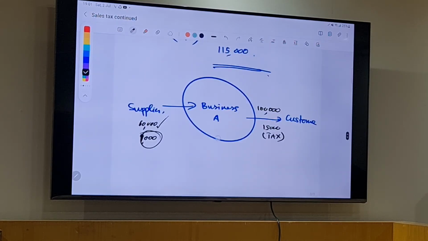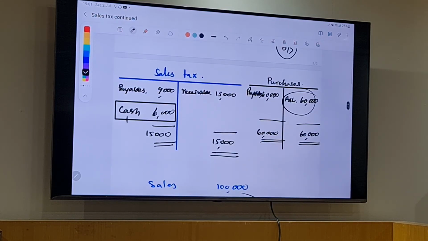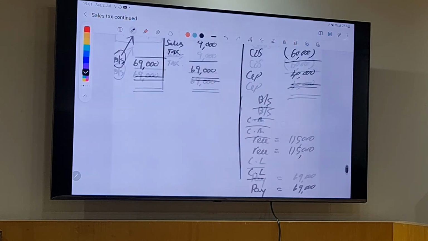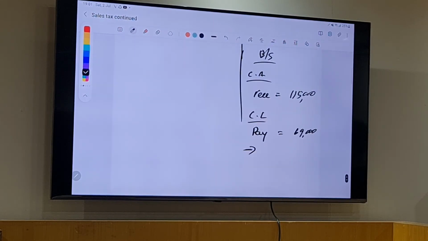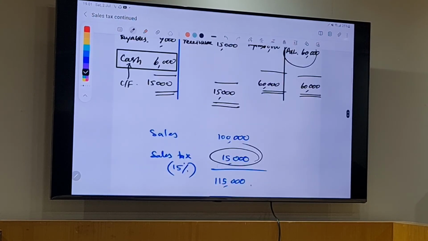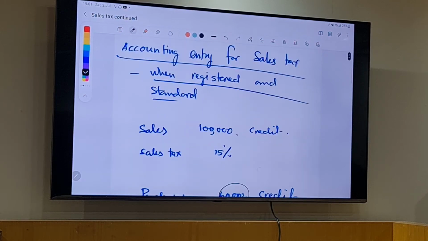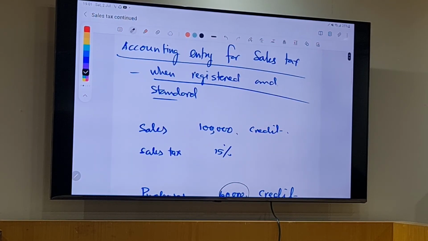Suppose I don't write cash here, this will also be carried forward. Correct? And then that will be a liability. And that liability also will be shown here. What we will show is sales tax payable. Is that clear? So this is all under this heading. What is the heading? Registered and standard.